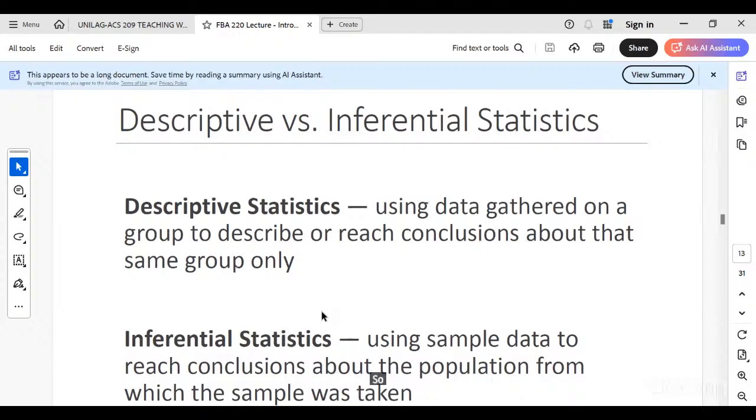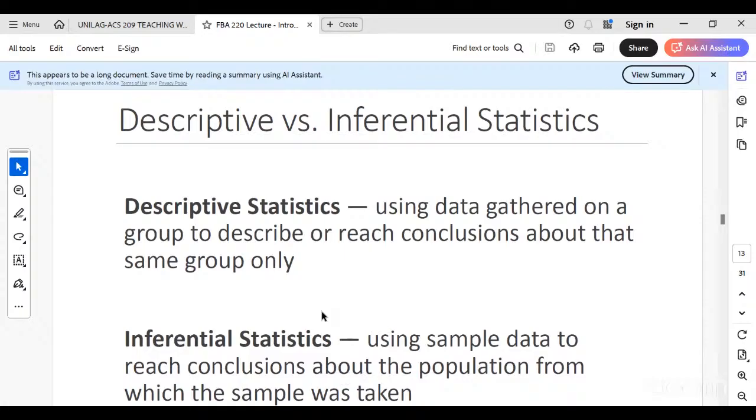So if your interest is just to describe the data, then all that you are doing will be descriptive statistics. Because descriptive statistics deals with data summary using figures, using tables, or graphs.